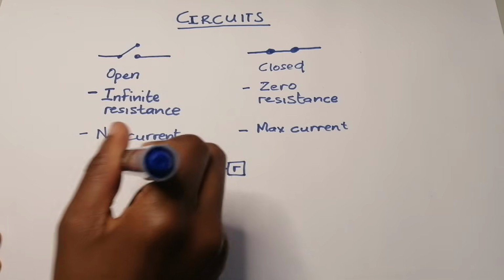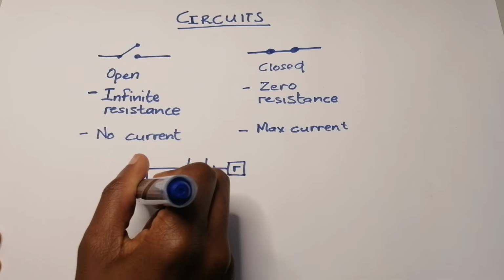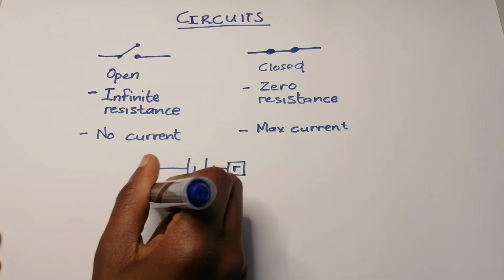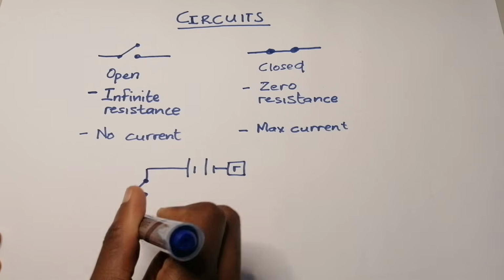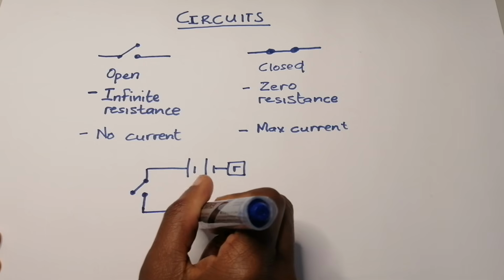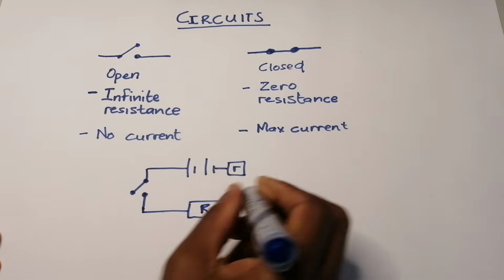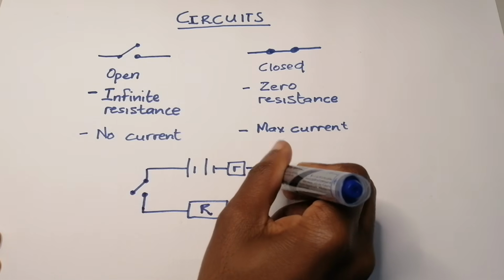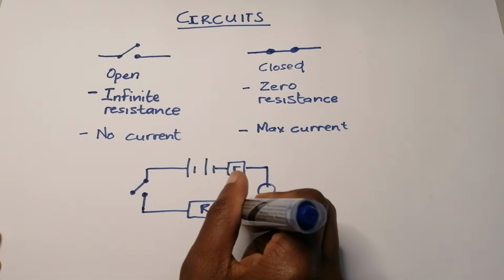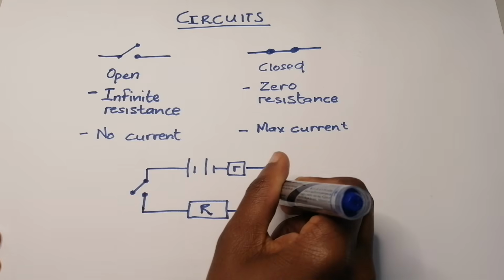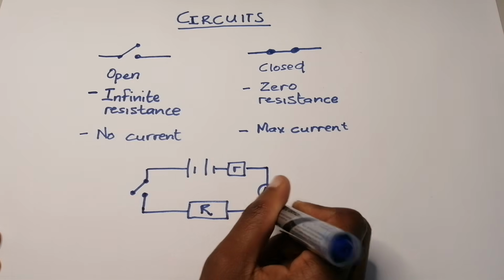Now, please, I want you to listen carefully, ladies and gents. So suppose I've got an external switch there. So there's a switch in my circuit, and there's my resistance, let's call it resistor R, and there's my battery.